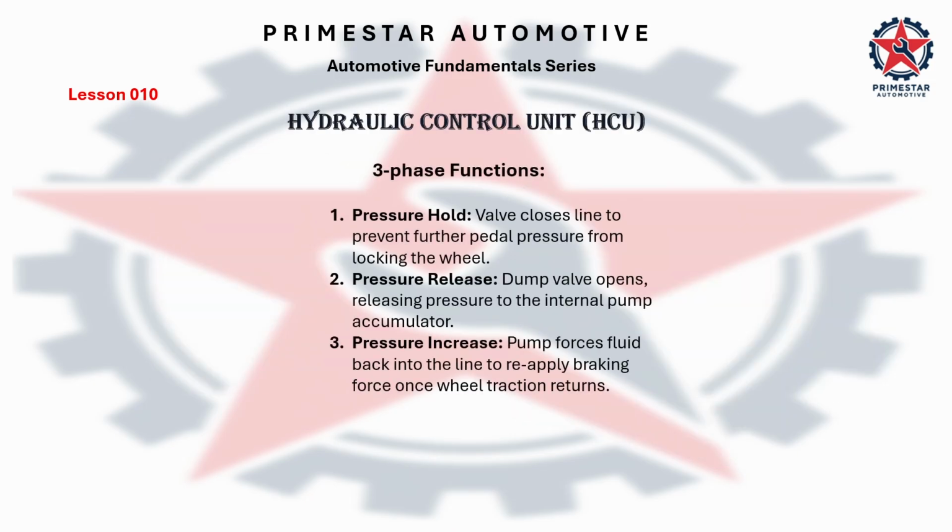The hydraulic control unit's 3-phase functions are: number 1, pressure hold, the valve closes the line to prevent further pedal pressure from locking the wheel. Number 2, pressure release, the dump valve opens, releasing pressure to the internal pump accumulator. Number 3, pressure increase, the pump forces fluid back into the line to reapply braking force once wheel traction returns.